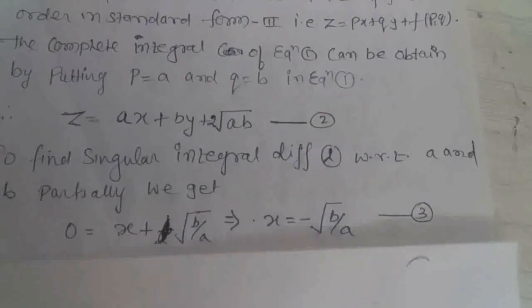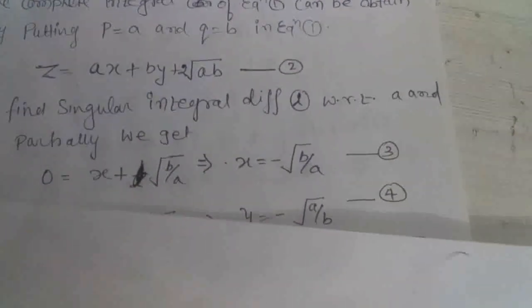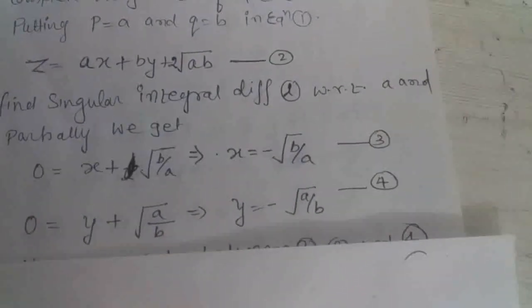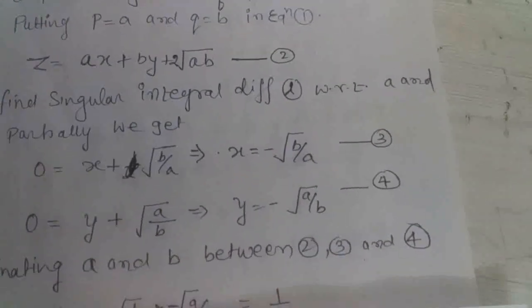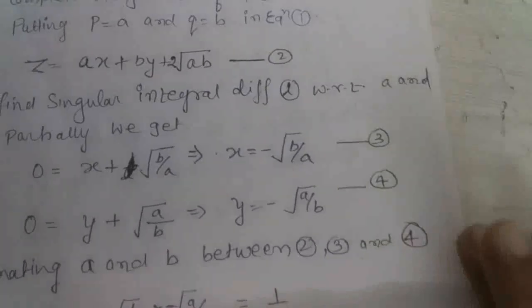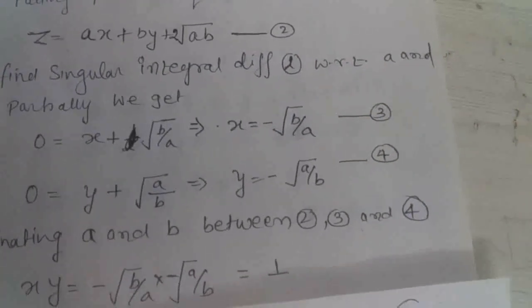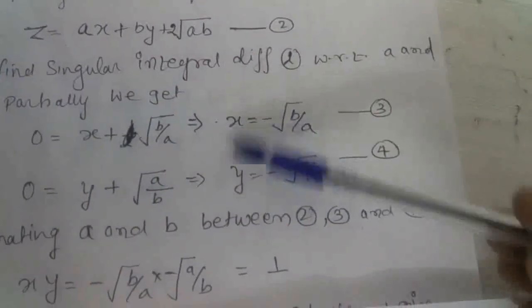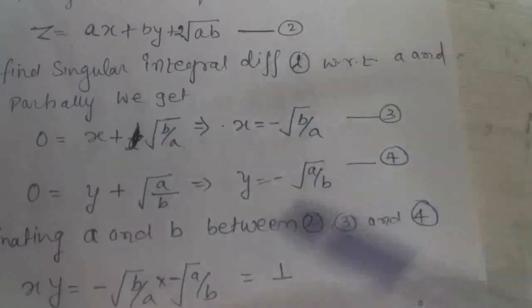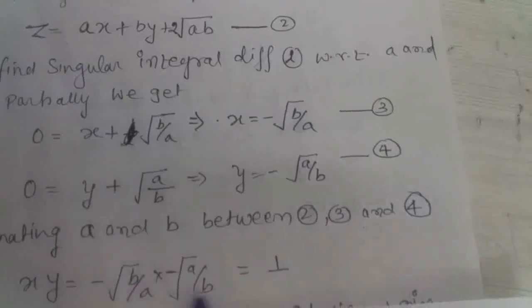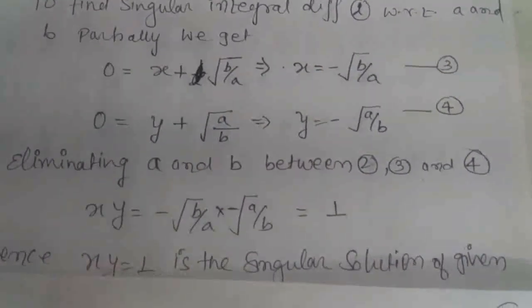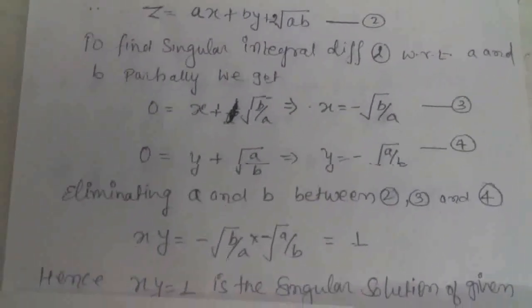For elimination of a and b, we simply multiply equation third and fourth. We get a relation which is free from a and b, that is, a and b are eliminated. When we multiply equation 3 and 4, we get x into y equal to 1. So this is the singular solution of the given equation.